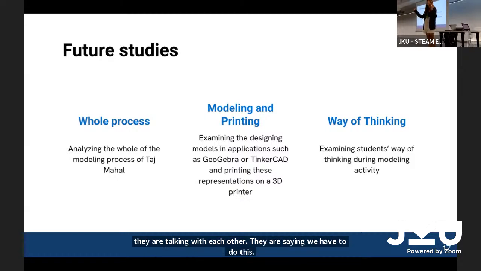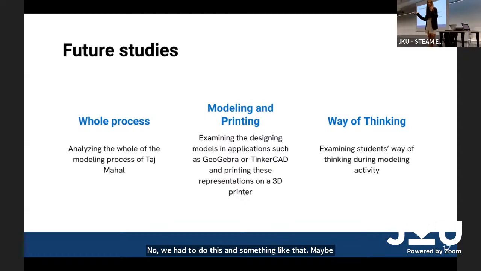Maybe we can say it's a discussion part or an argumentation part. The researchers are analyzing their words or sentences to understand how they are thinking. Because it's not so easy to analyze the way they're thinking. It's really hard to understand and define, but it is an example of how we can do that in the literature. Okay, thank you.